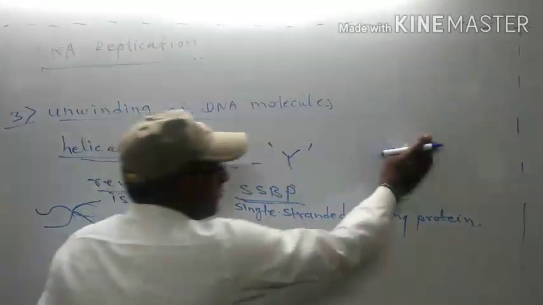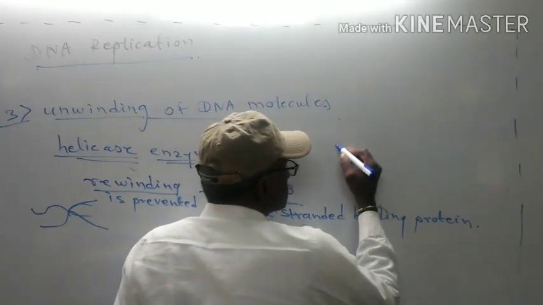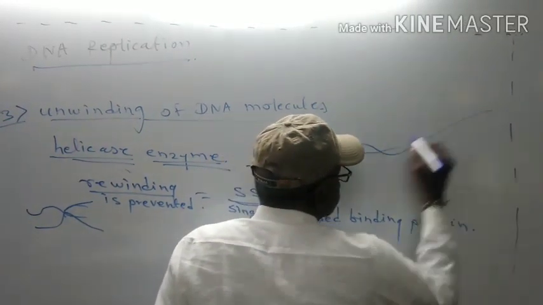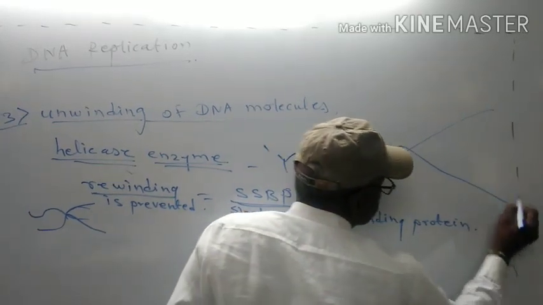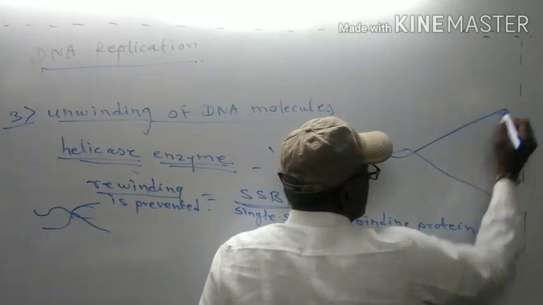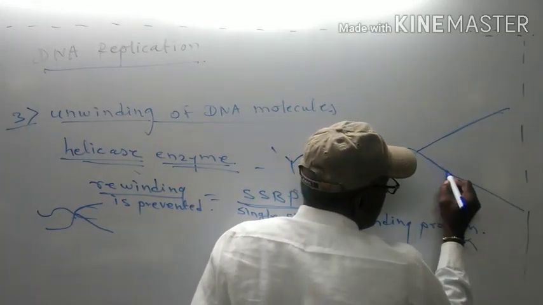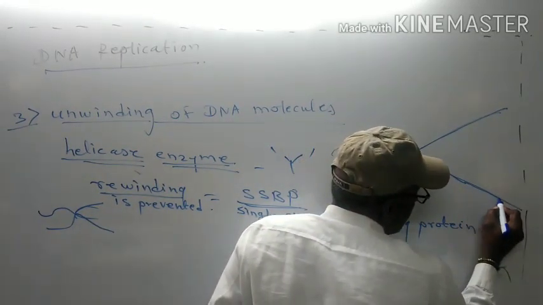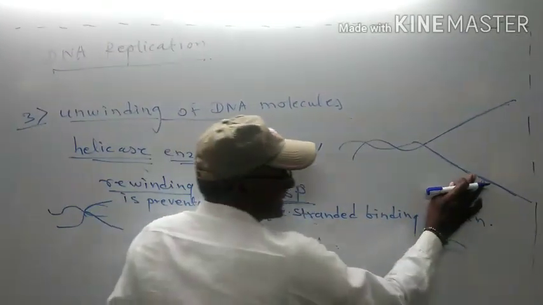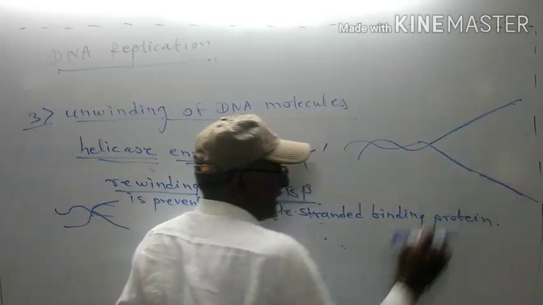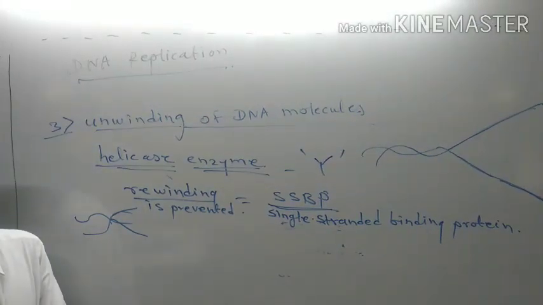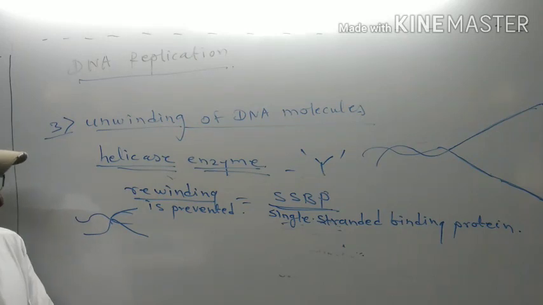Next, if we see this DNA, the unwinding is there, and due to this unwinding, a Y-shaped structure is formed, and this rewinding is prevented by SSBP.